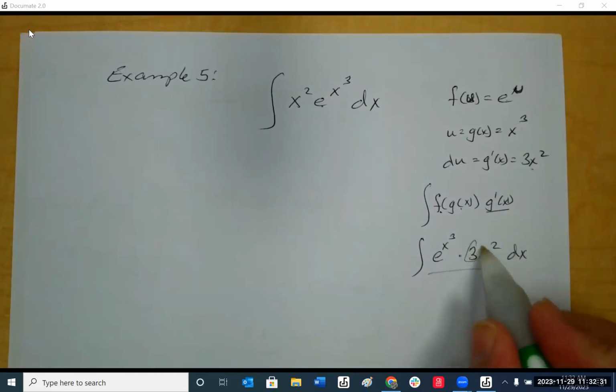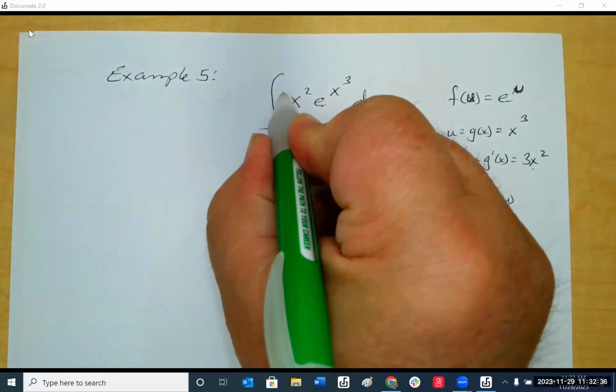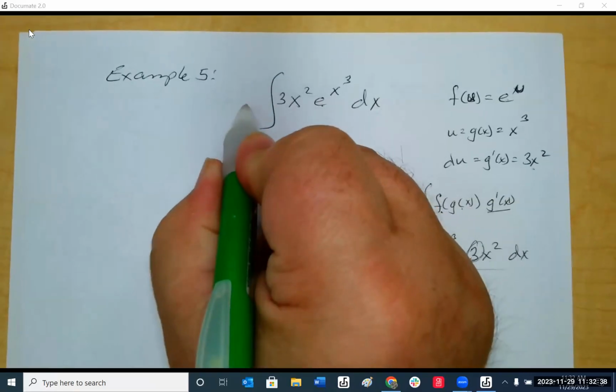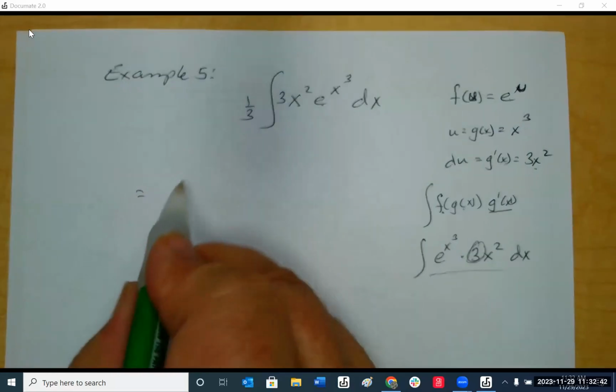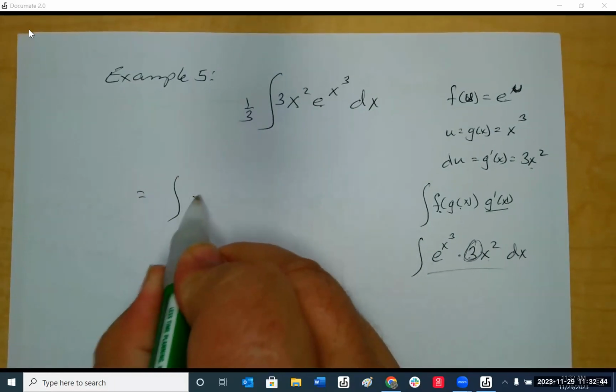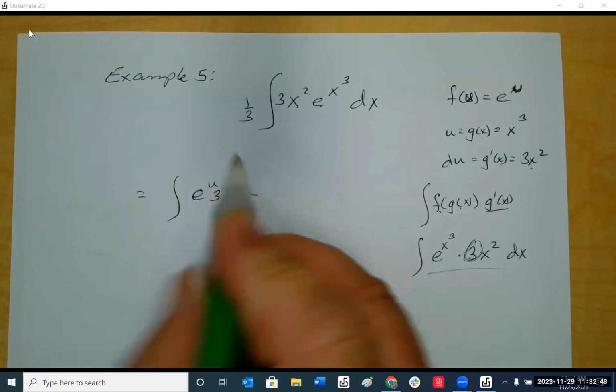We're missing the 3. We have an x squared, we have e to the x cubed, so we need a 3. We put 1/3 in front. So what we had was this, e to the u du, but we're missing the 3.